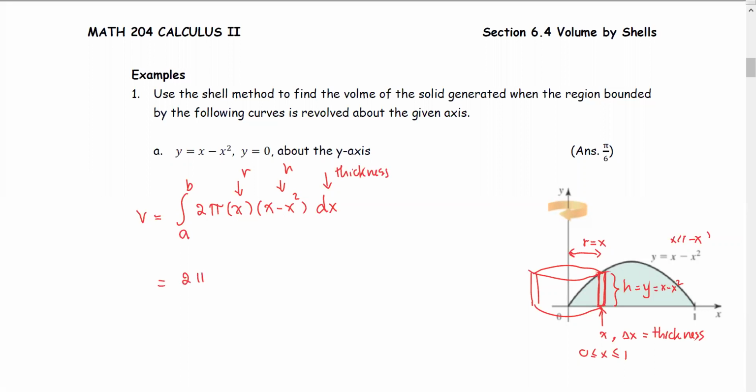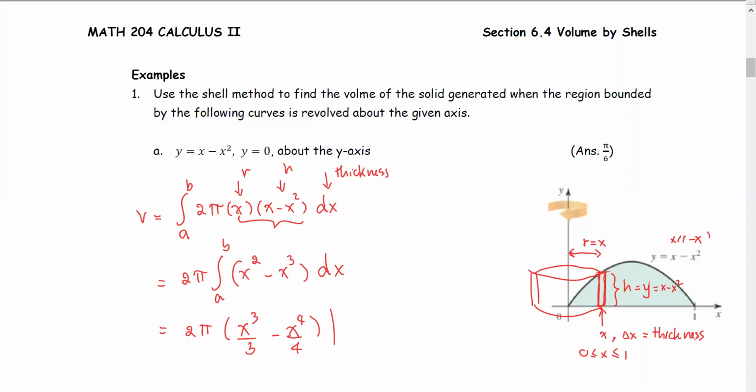Simplify the integration. Take the 2 pi out of the integration and multiply x to x minus x squared. We have x squared minus x to the third with respect to x. Finding the antiderivative will give us x to the third over 3 minus x to the fourth over 4.